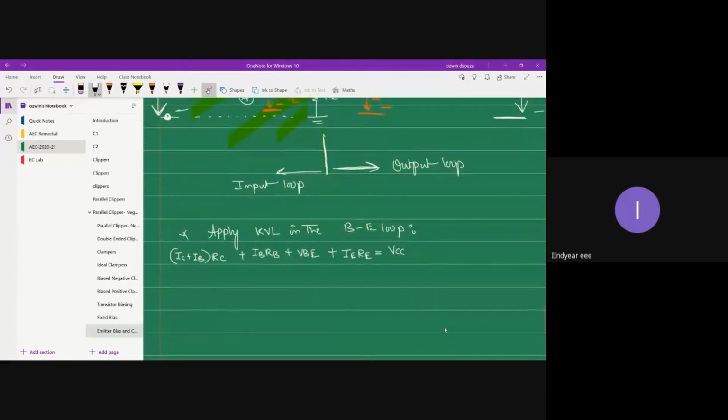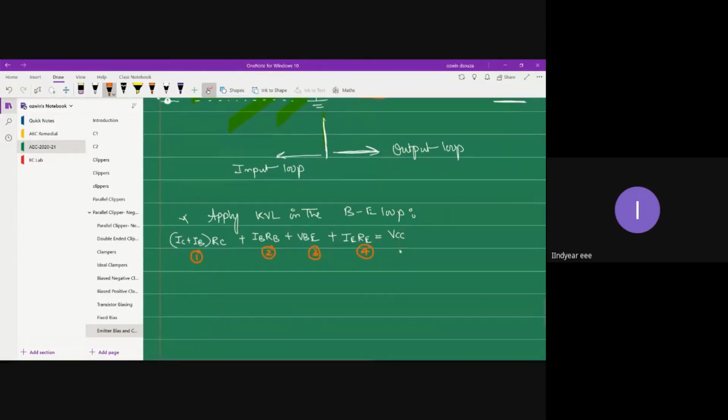So that's my KVL equation. I will just bifurcate the terms: term 1, term 2, term 3, term 4. So the summation of all the EMFs and the potential drops is equal to the battery potential, which is VCC.